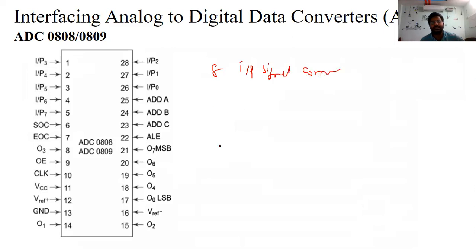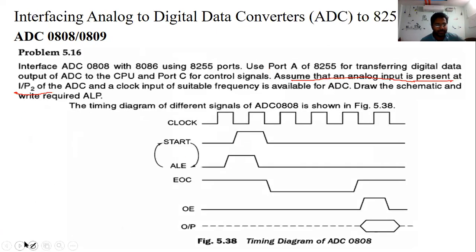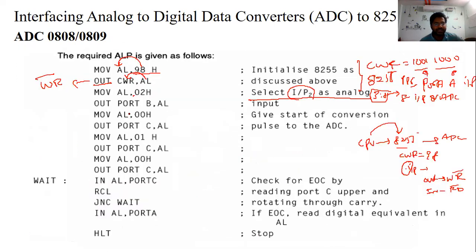Out of those 8, in the problem they can ask for IP2. That's why we take 02 for IP2, the signal for selecting IP2. For suppose in the problem they ask for IP4, at that time you can load 4.